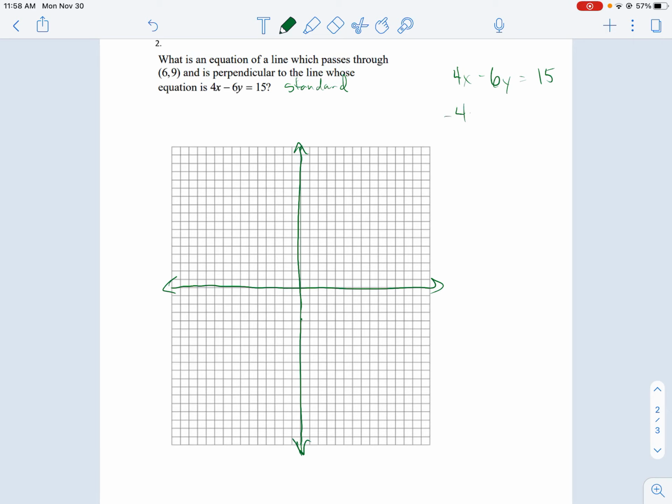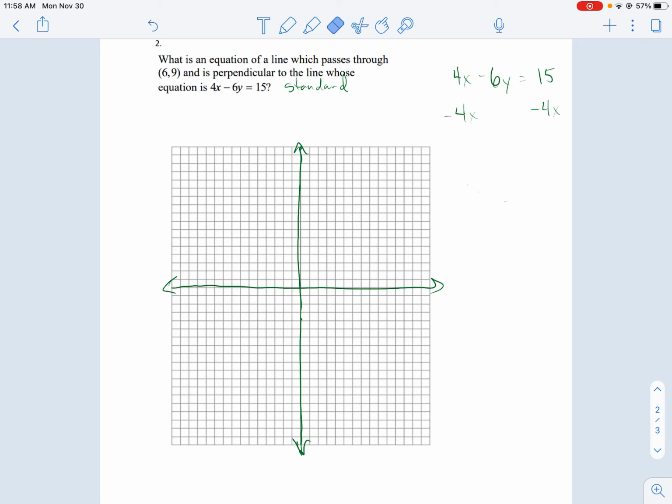So I subtract 4x, so I get negative 6y is equal to negative 4x plus 15.